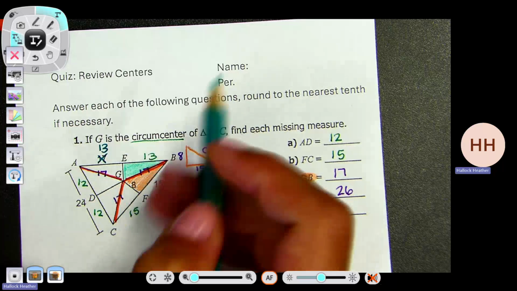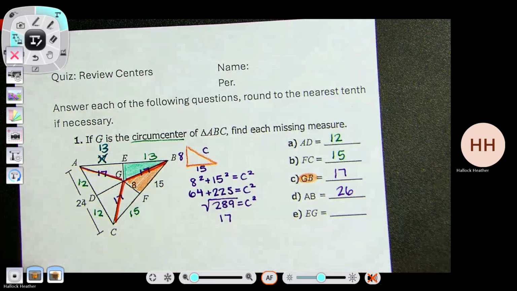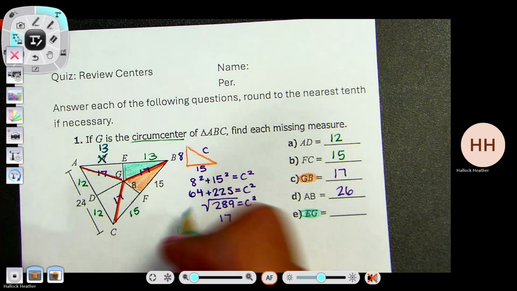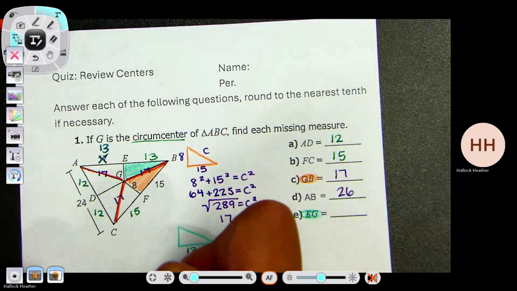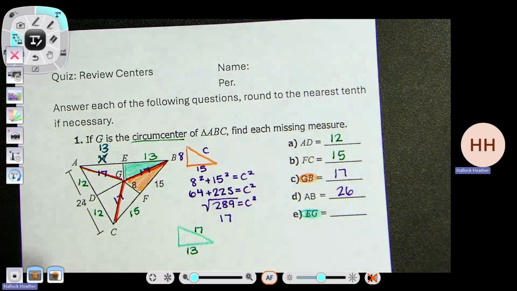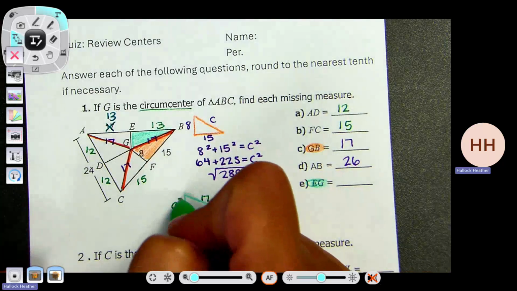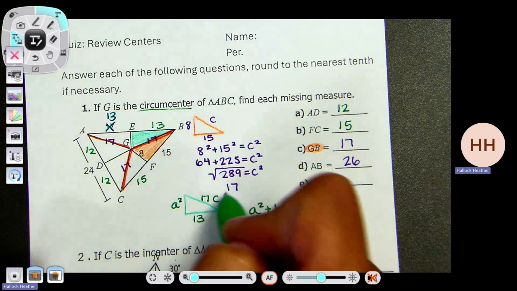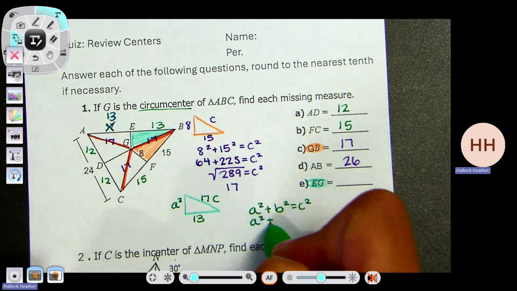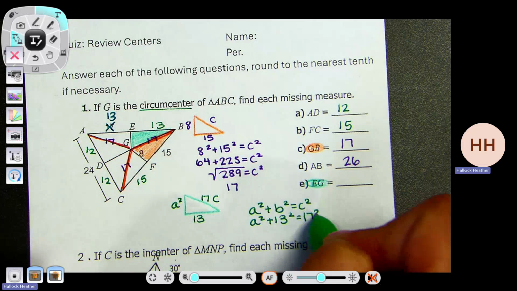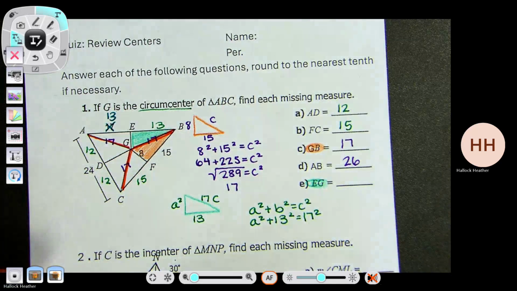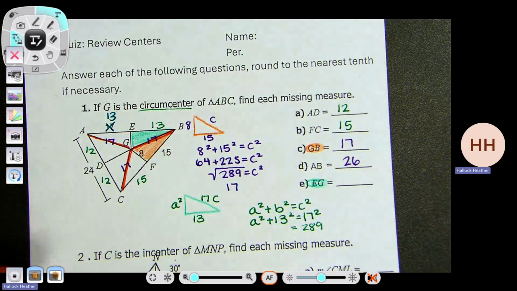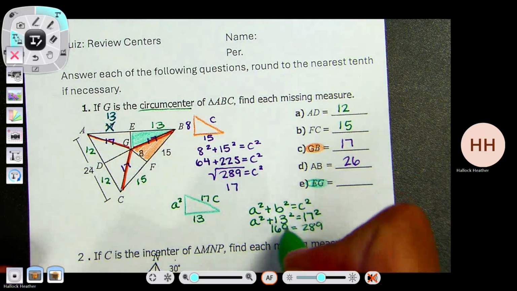So we have 13 and we have a 17. Thirteen is the bottom, 17 is the hypotenuse. So I'm doing A squared plus B squared equals C squared, where C is the hypotenuse. So A squared plus 13 squared equals 17 squared. 17 squared is 289. 13 squared is 169.